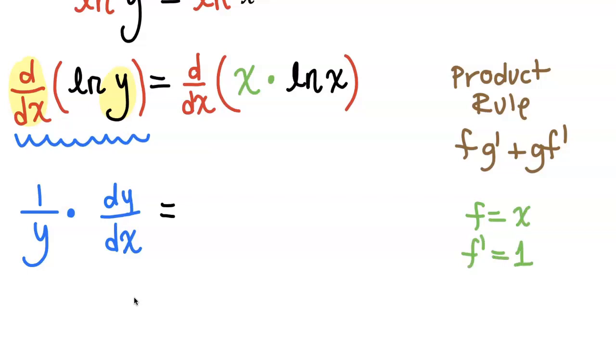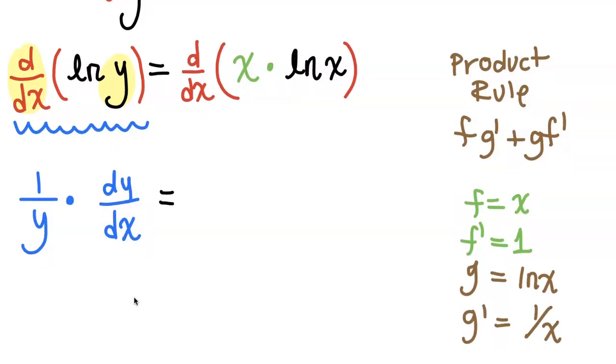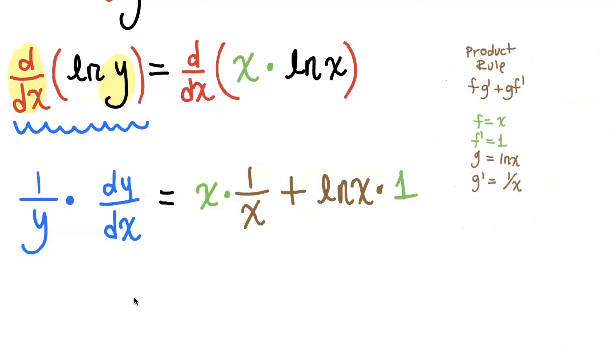Now the second is natural log of x, and the derivative of natural log of x is just 1 over x. So if I put these 4 pieces together to do the product rule, I will get first times x times the derivative of the second, which is 1 over x, plus second times the derivative of the first. So I did the product rule real fast over there, okay?